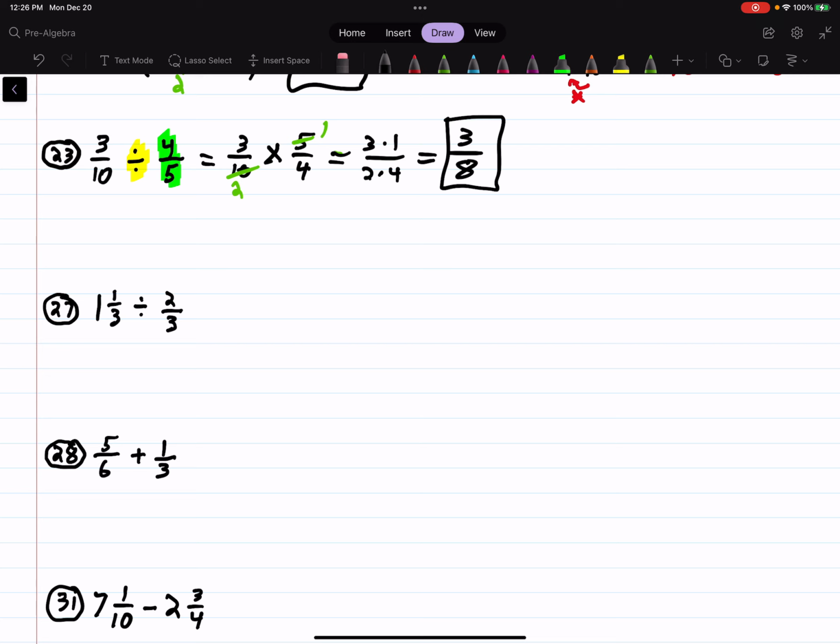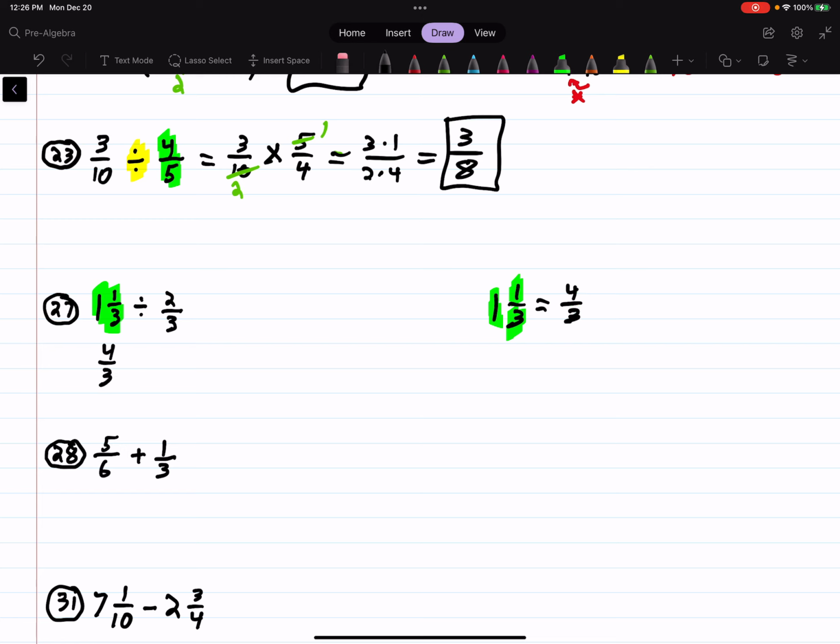Now, number 27. Number 27 is an improper fraction again, so let's look at it. 1 and 1/3. We got that from right here. So we're going to change that. 3 times 1 is 3, plus 1 is 4. So this becomes 4 over 3.